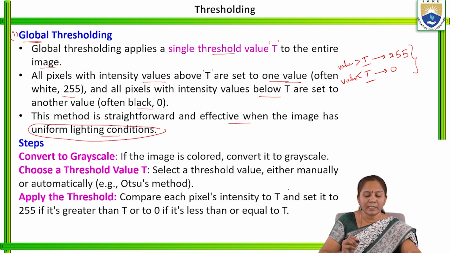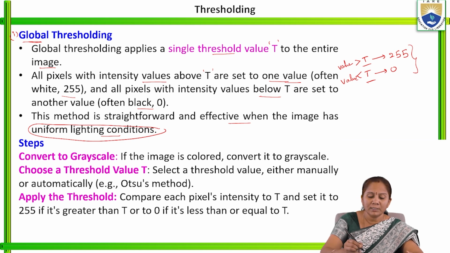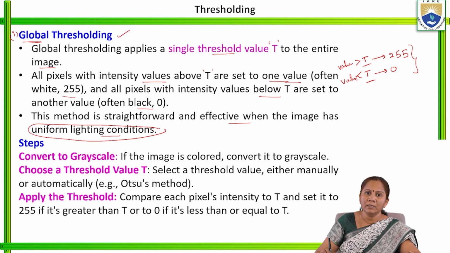If the image has uniform lighting conditions, then we can apply this global thresholding. If the image does not have uniform lighting conditions, that means if there are any fluctuations in the lighting conditions on the image, then this global thresholding cannot be applied. So in order to overcome this issue, we will go for the next thresholding technique, which is called adaptive thresholding.